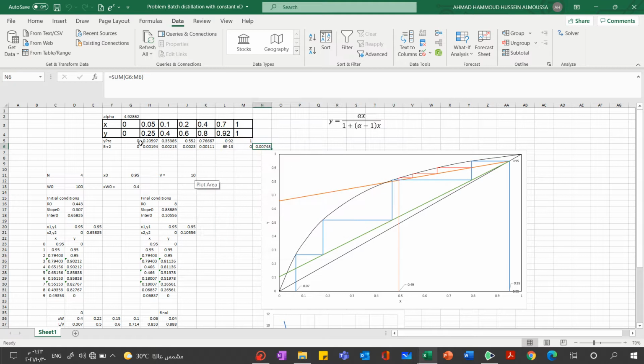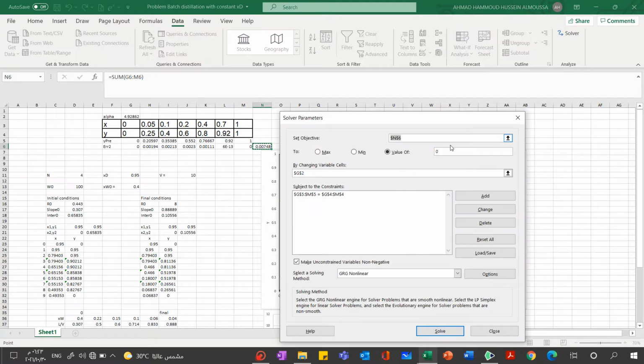Also, go again, and it's not giving us the true value again. Let us repeat this by setting this objective value to 0, or minimize it.